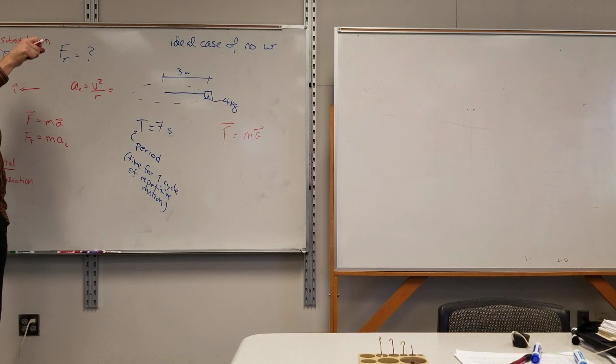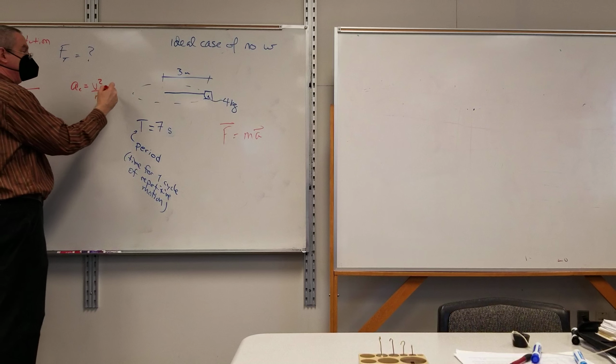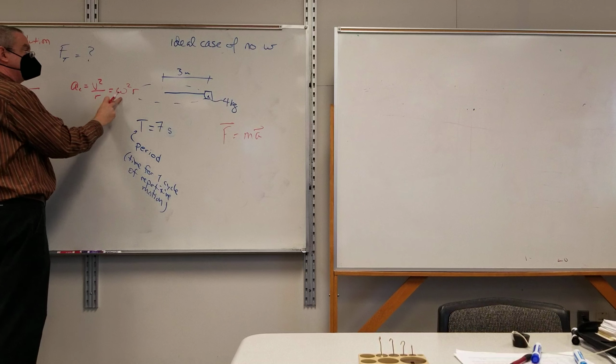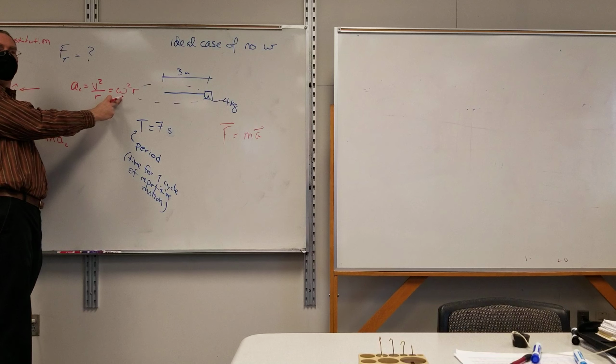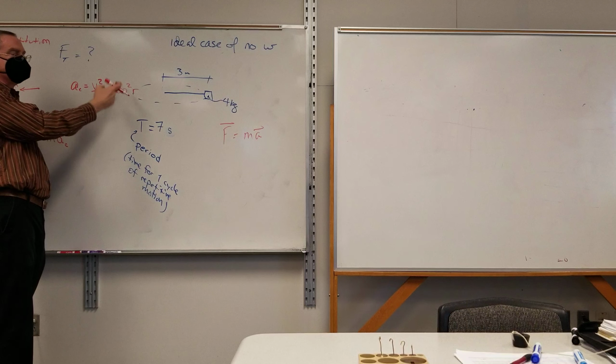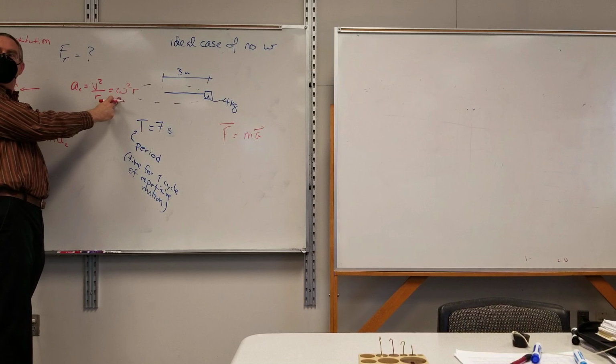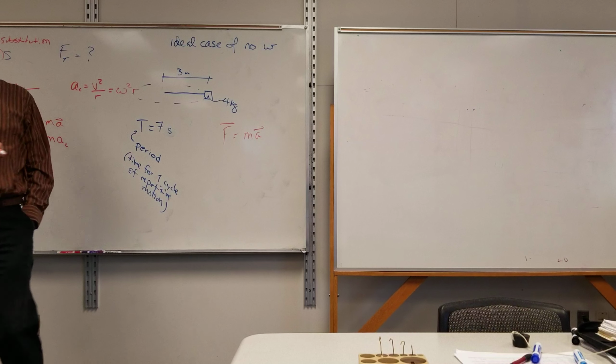Anyone want to try that one again? All right, so first off, I understand what you're saying, and the spirit is correct, but that's not a w. What is this? It's an angular velocity, or speed actually. Omega. Omega, yeah. It's omega squared r.